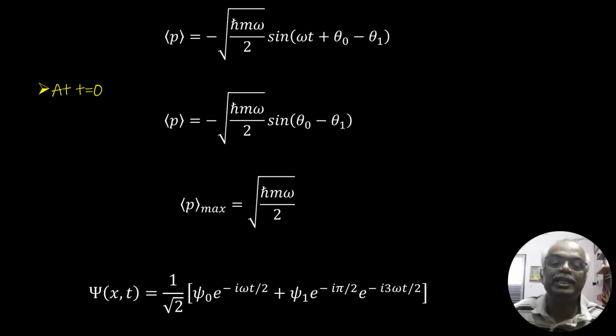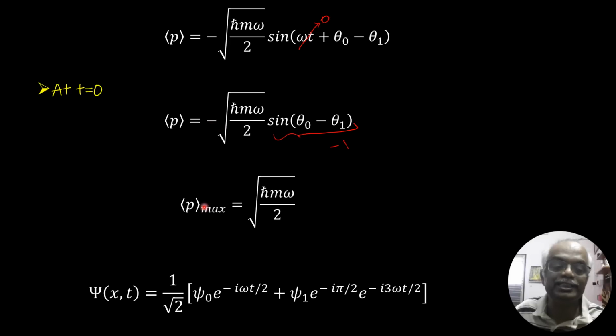At time t equal to 0, this term will become 0. So you will get minus square root of h cross m omega over 2 sine theta 0 minus theta 1. Now you will get this maximum when sine theta naught minus theta 1 is equal to minus 1. Remember that there is a minus sign here.